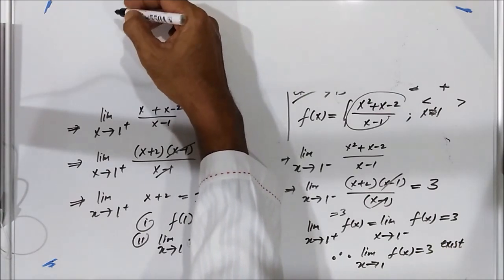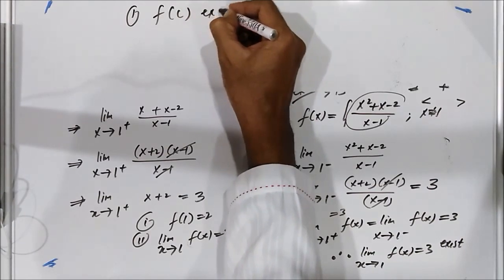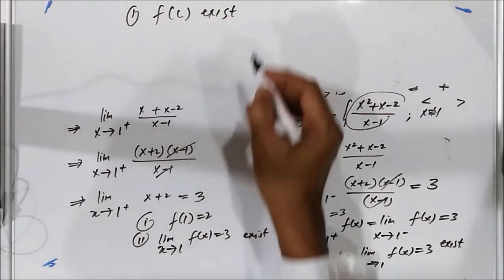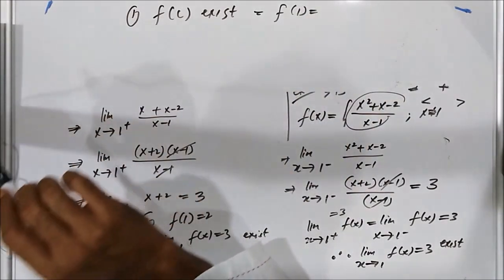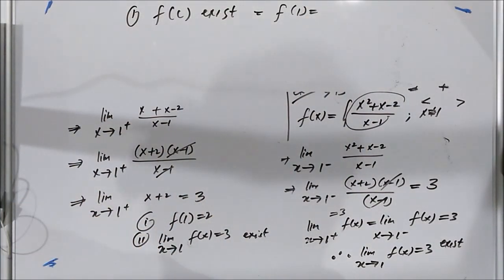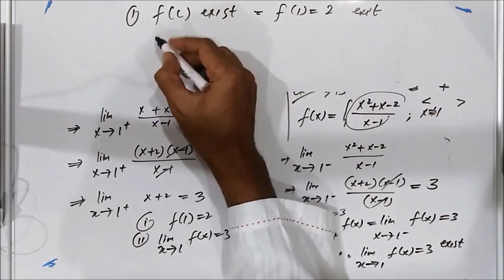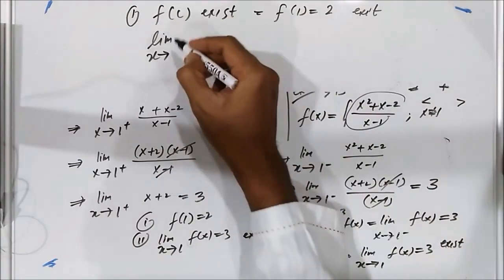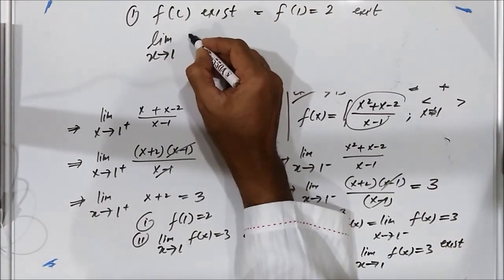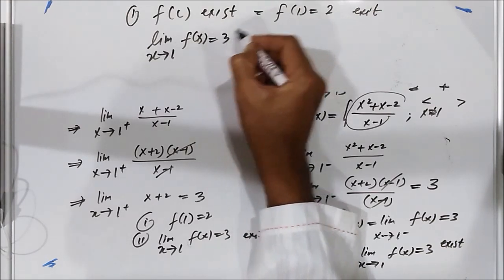The first condition is that f(c) exists, where f(1) is equal to 2, so f(1) exists. Then the limit of x approaching 1 of f(x) equal to 3 exists.